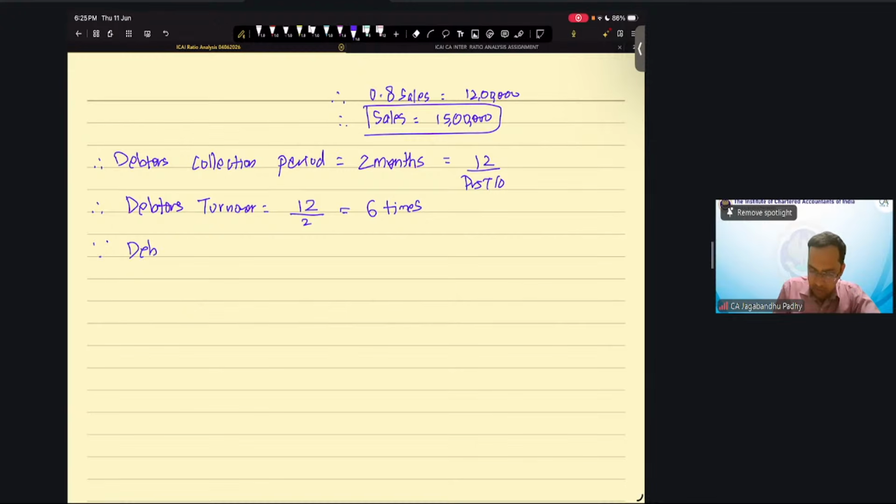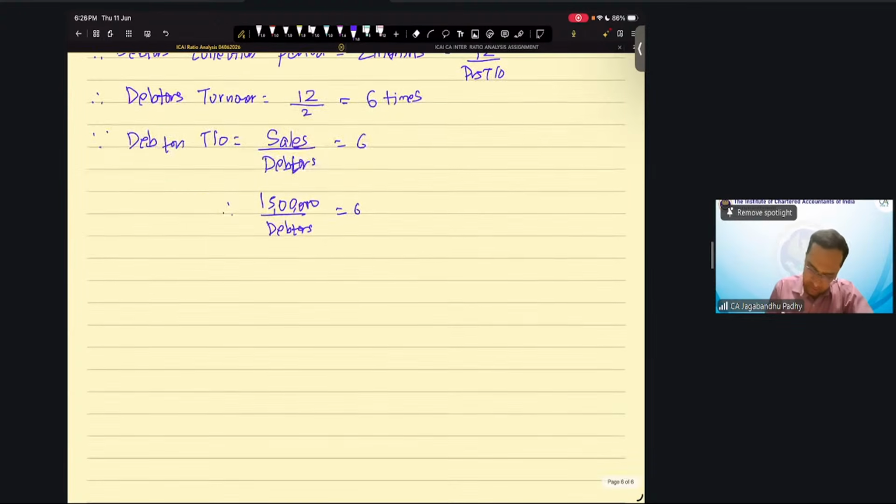And since our debtors turnover is computed as sales upon value of debtors, this is 6. We know the sales value as 15 lakh. So 15 lakh upon debtors is 6. What will be the value of debtors? 15 lakh by 6.